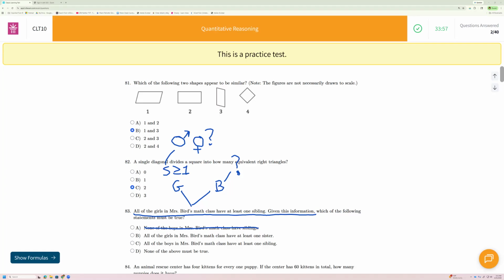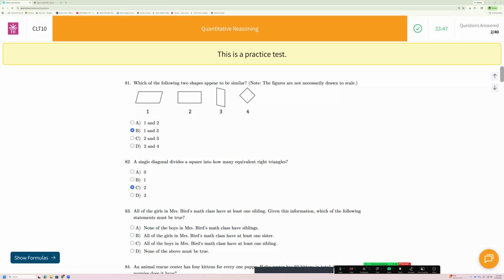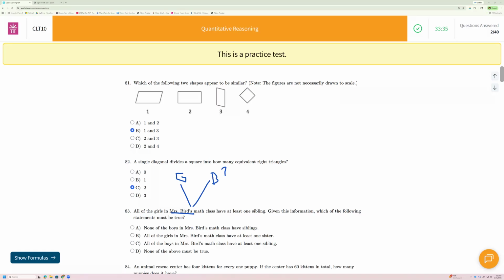So, boys and girls. So again, Mrs. Bird has girls and boys, of which we know nothing. And the girls have a sibling, but we don't know if the sibling is a boy or a girl.